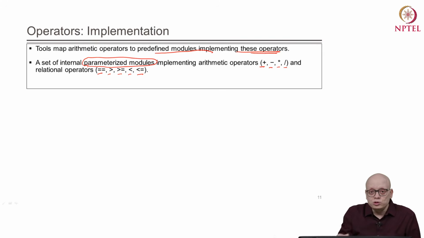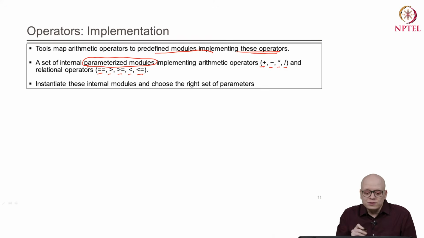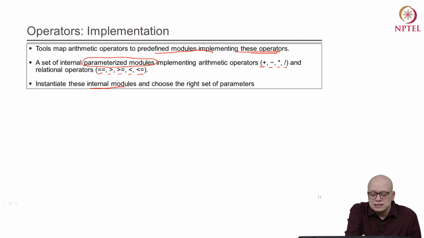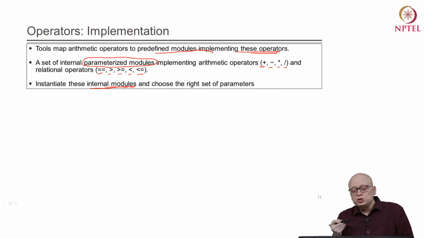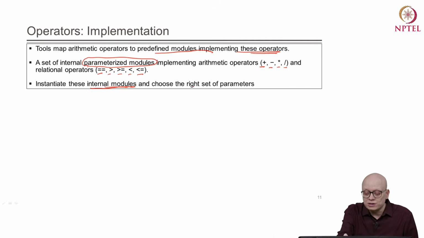And during RTL synthesis, what will the tool do? It will instantiate these internal modules and choose the right set of parameters while implementing. So, let us take an example and understand.